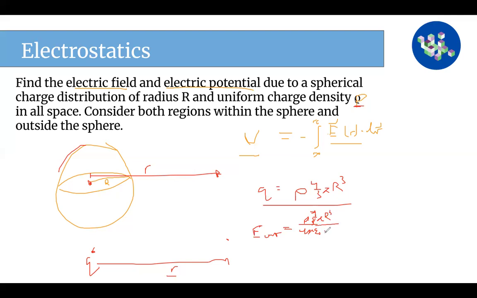This time it will be the small r squared, because we want the distance from the charge, not the big R, which represents the radius of the original sphere. If we simplify, E out equals rho times R cubed divided by 3 epsilon 0 times r squared. So that's our E outside of the sphere.